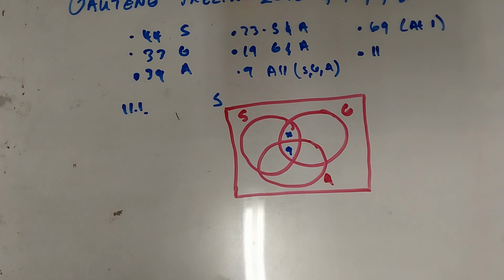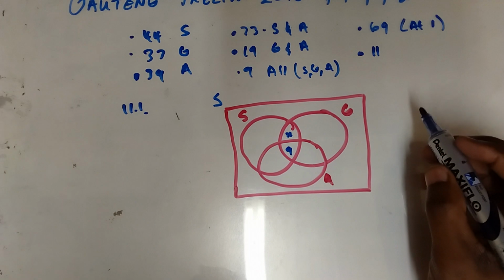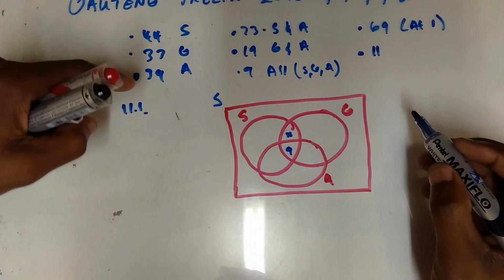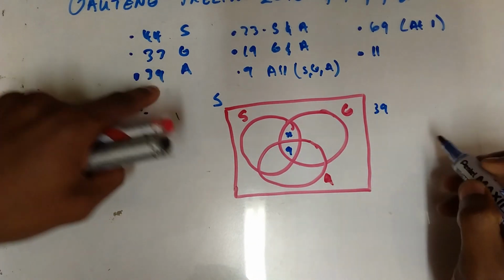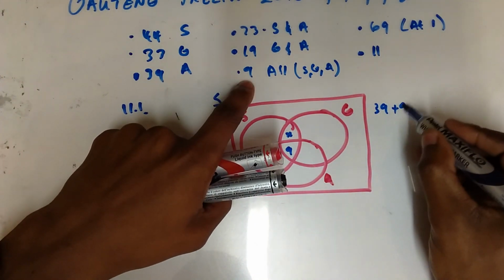Let us find how many people did athletics. 39 of them did athletics, and we need to include these 9 people.